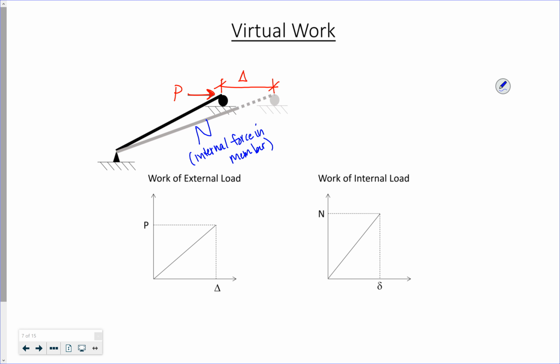And then I have my bar elongating, little baby delta, which contributes to the deflection of that support, big delta.